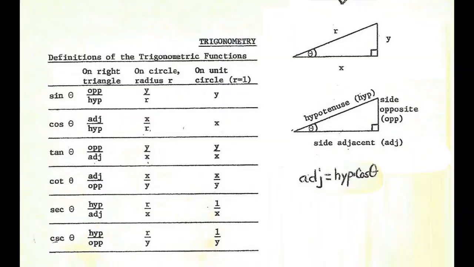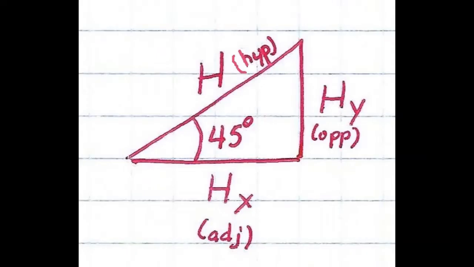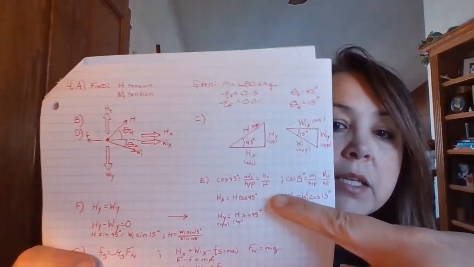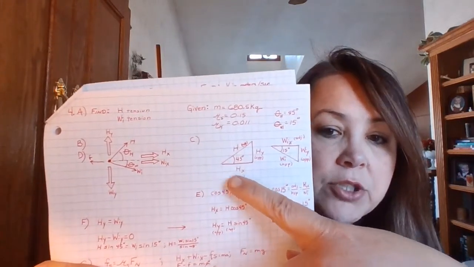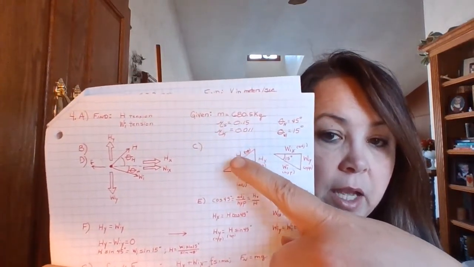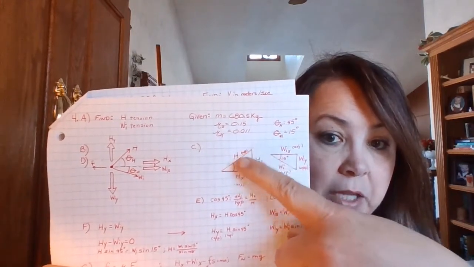Let's go back to that reference sheet and decide which trigonometry equations are going to be the most useful to calculate out HY and HX. So HY is opposite the angle, HX is adjacent to the angle, and H would be the hypotenuse.